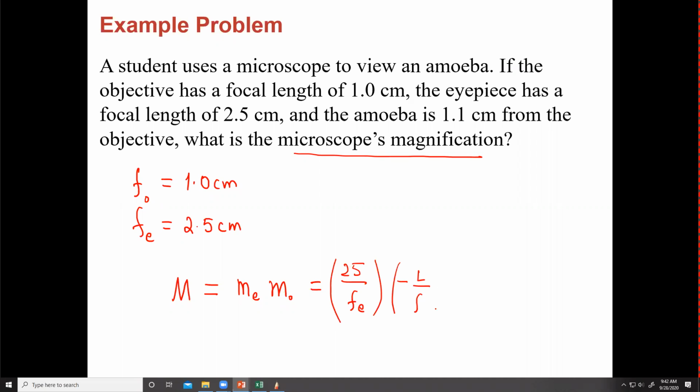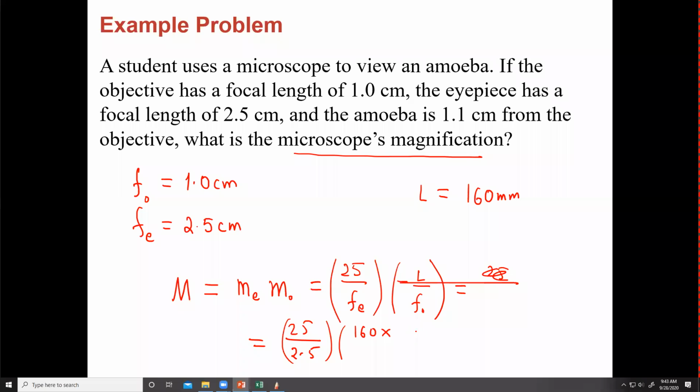Okay, good. So let's see, 25 over FE, what's FE? 25 over 2.5. Okay, I'm not writing the unit here. This is centimeters. And then L, tube length is, again, if it is not given, then the standard tube length is usually 160 millimeters. So 160, now we need to change it to centimeters because this is in centimeters. That's times 10 to the -2. Okay, that's now in centimeters. And then FO is 1 centimeter. So that will give us the magnification.